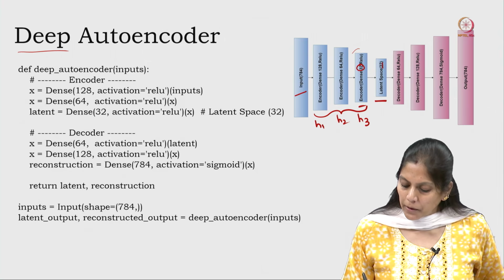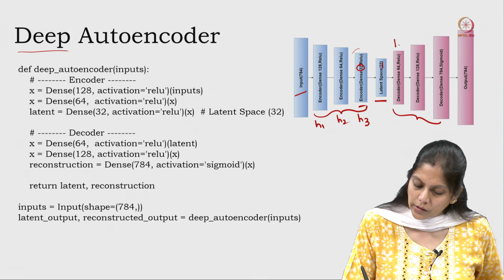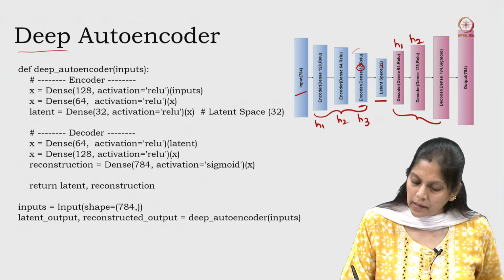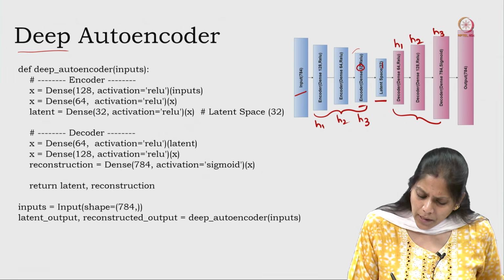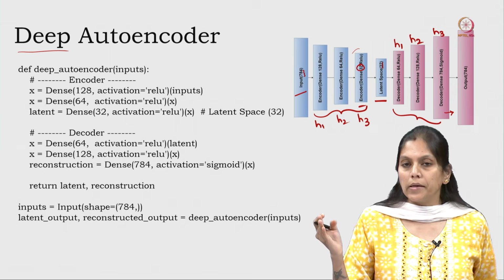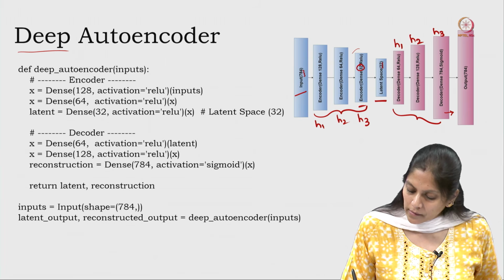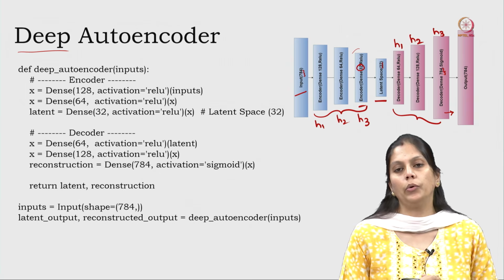Then this 32 is passed to the decoder, which again has a first hidden layer, second hidden layer, third hidden layer, and you see the input is 784 and the output of the last hidden layer also should give us 784, which means this layer should have 784 neurons.